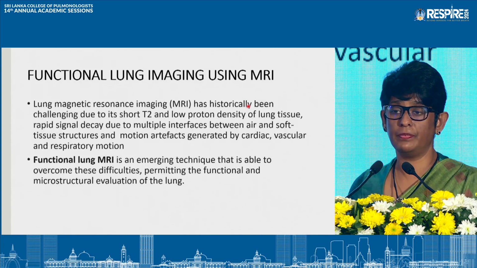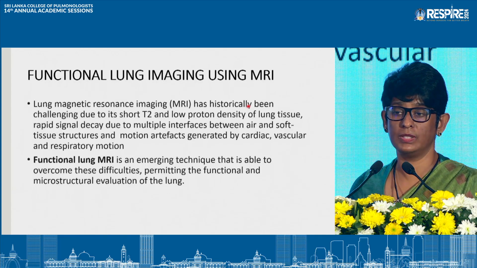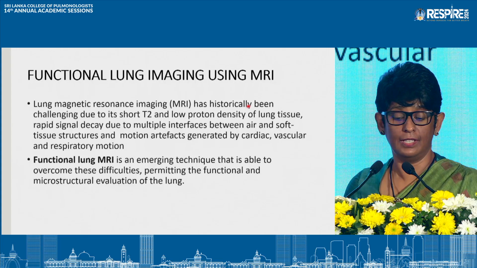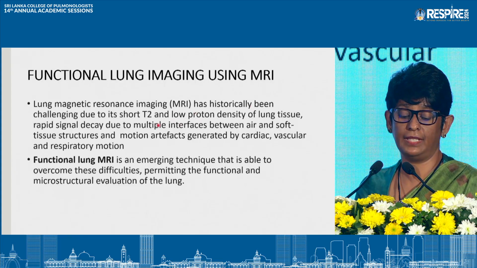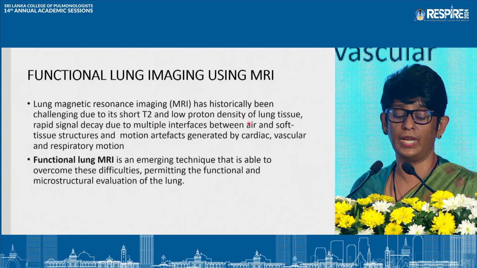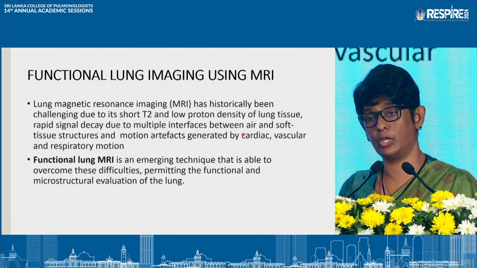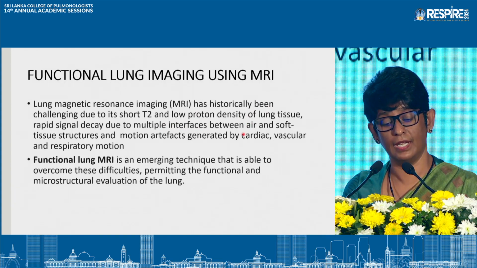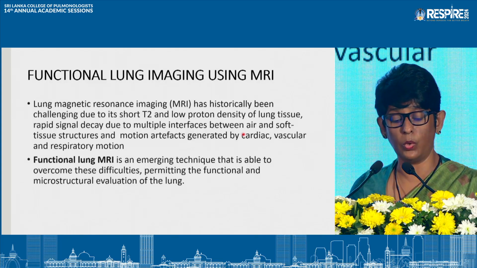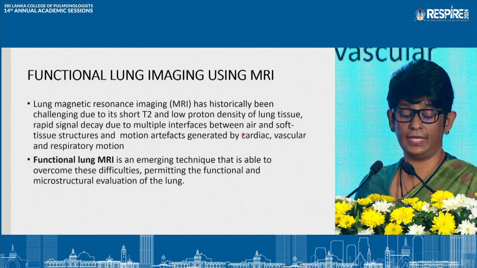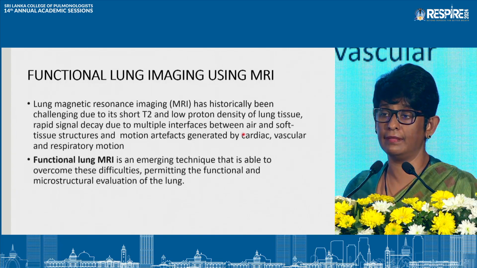So there's not much H2O or water. In addition, there are multiple interfaces between air and soft tissue, and also a lot of artifacts generated by cardiac pulsation, vascular pulsation, and respiratory movement. All these drawbacks have been overcome by newer techniques, and now functional lung MRI has become a possibility.